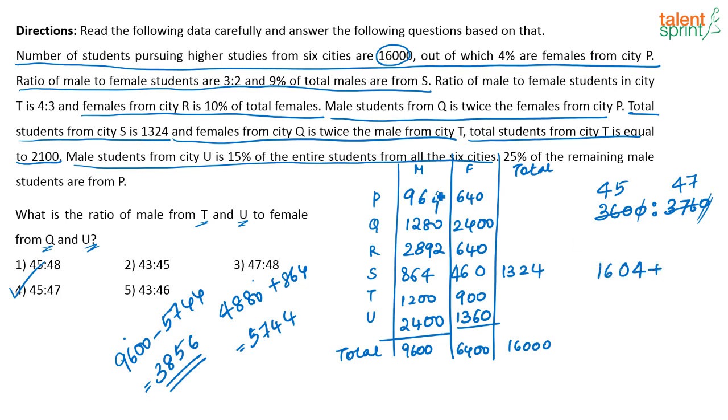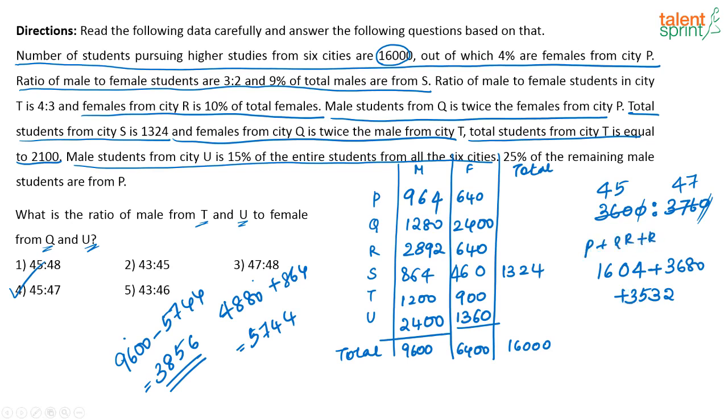Correct? What is the total students from Q? 3600 plus 80, that is 3680. And what is the total students from R? Total students from R is 2892 plus 640, that is nothing but 3532. So this is P plus Q plus R.